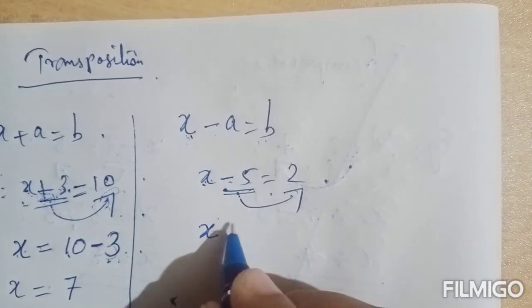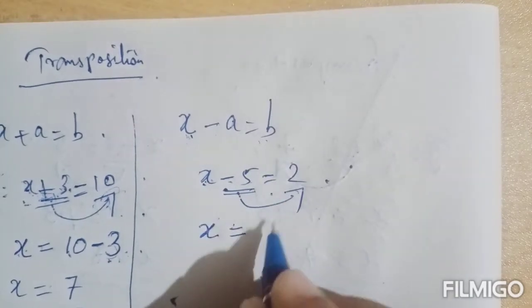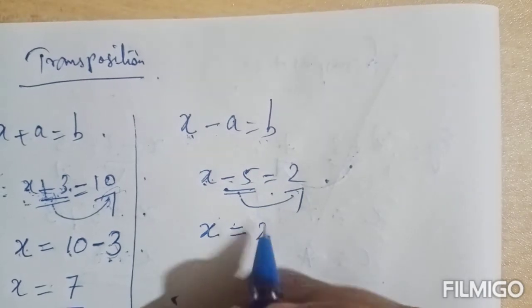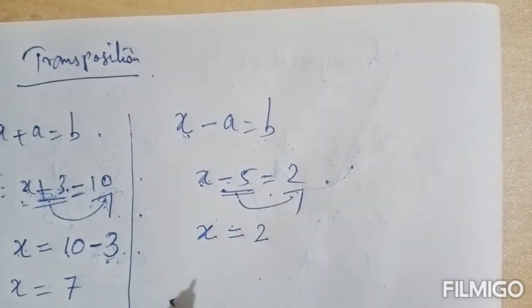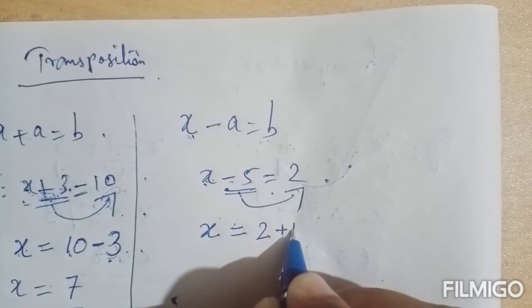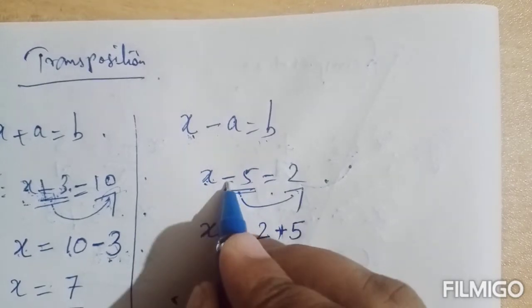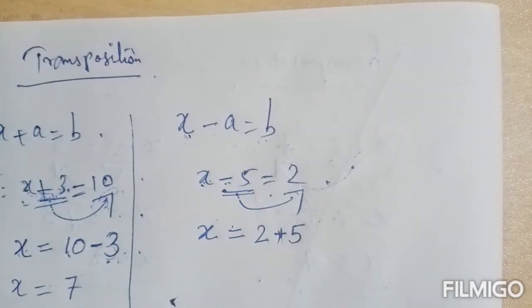So x equal to 2 is there on the right side. Now minus 5 on taking to the other side will be plus 5. So a negative term on taking to the other side will be positive.